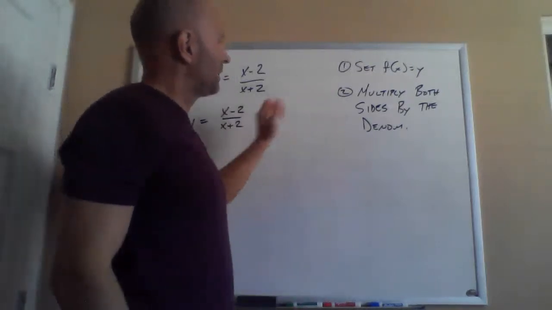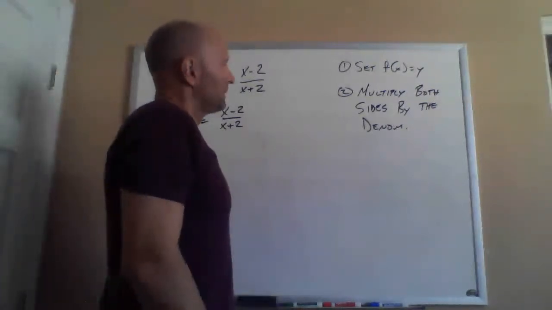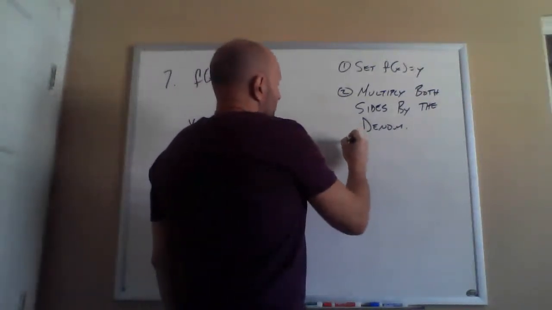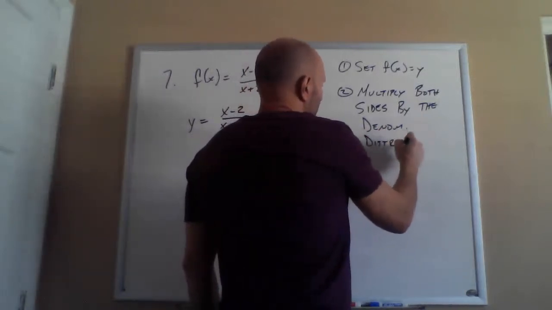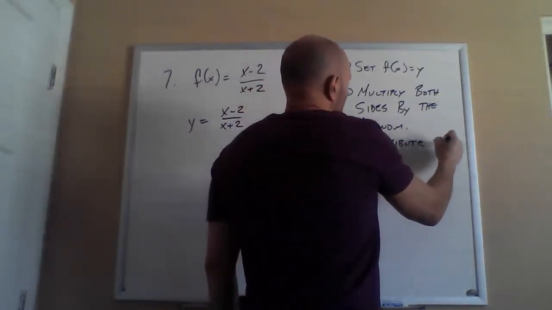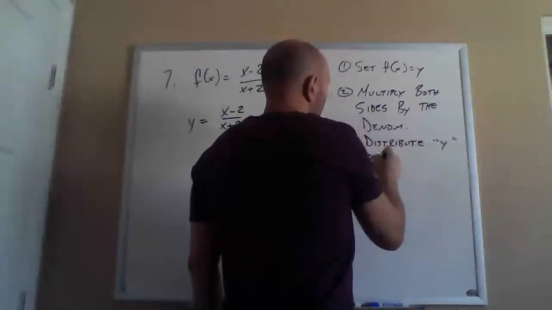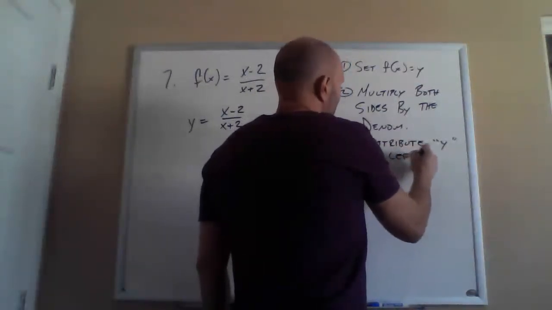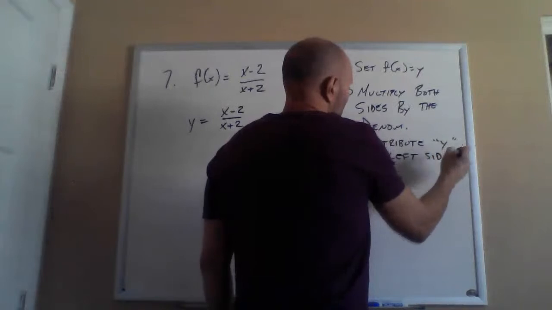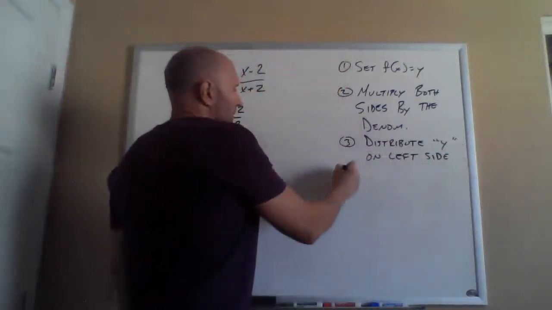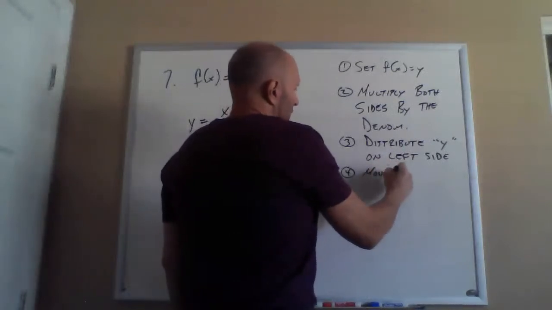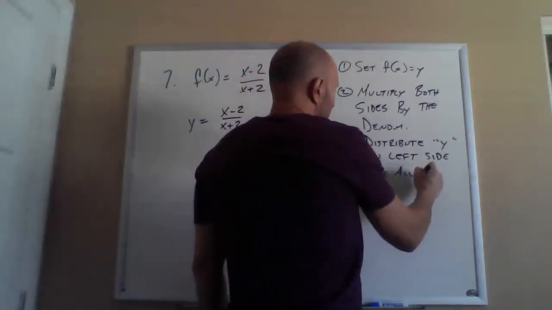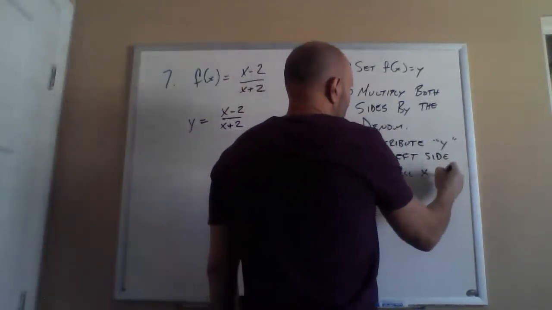All right, so multiply both sides by the denominator. Once we do that, we're going to distribute the y on the left side. Step 4, move all x pieces or x terms.